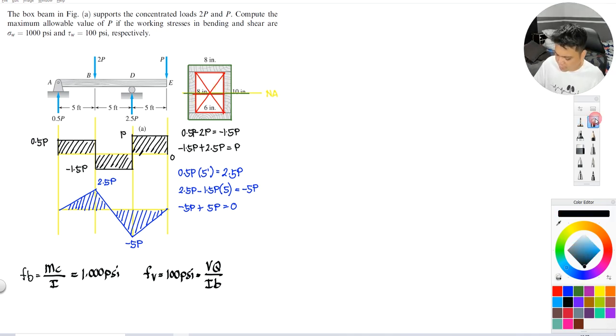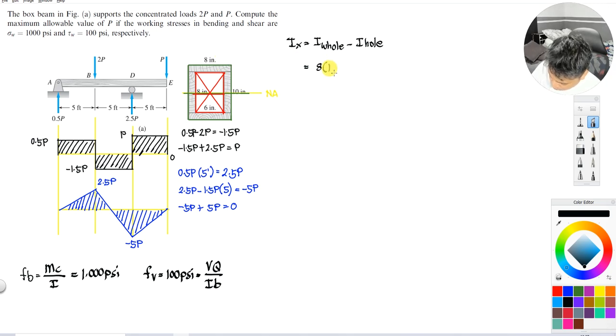Okay? So, what I'm trying to say is yung Ix natin would become equals to I ng whole minus I ng whole. Okay? So, yung I ko, that is BH cube all over 12 minus I ng whole, bh cube all over 12.